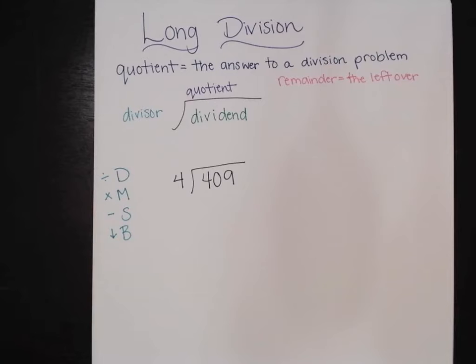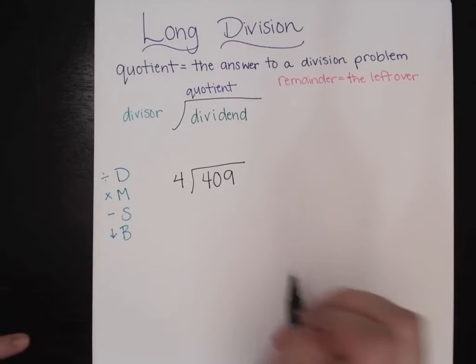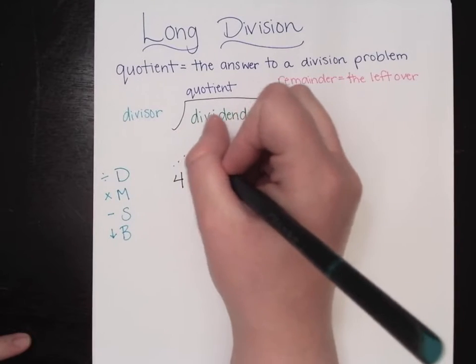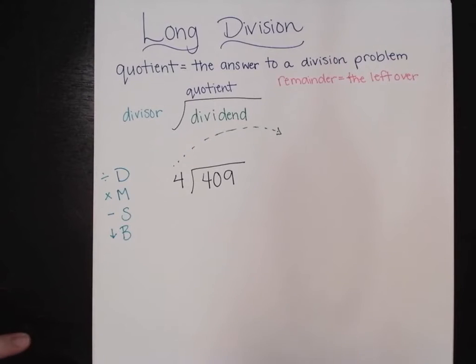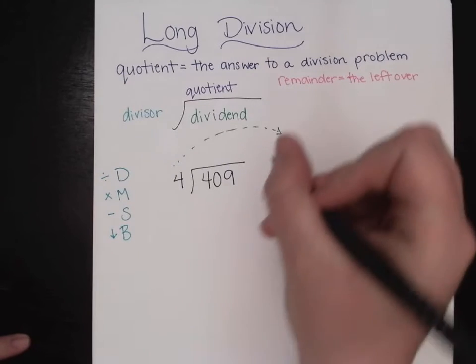And then on the right side of the problem, we're going to list our multiples of our divisor. So we're going to list our multiples of 4. You only have to go to the 9th multiple. So you're going from 4 times 1, 4 times 2, 4 times 3, all the way to 4 times 9.